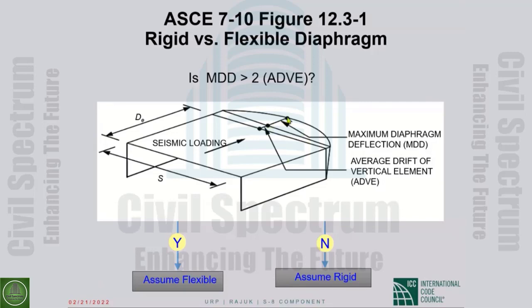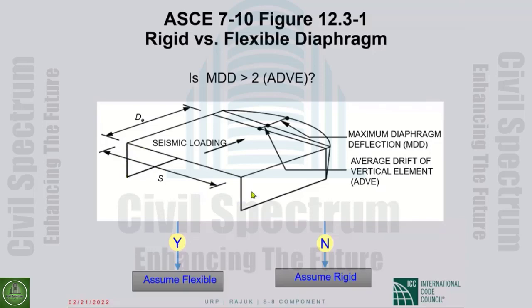And there are calculation procedures available depending upon the material of the diaphragm. Okay? So this MDD is the maximum diaphragm deflection calculated value. The loads applied along the edges of the diaphragm will go to the supporting seismic force resisting system.